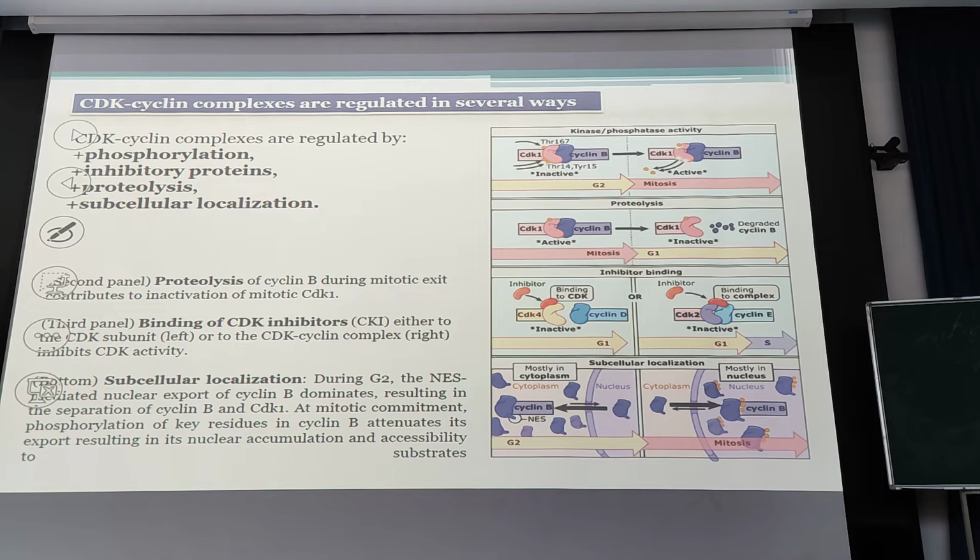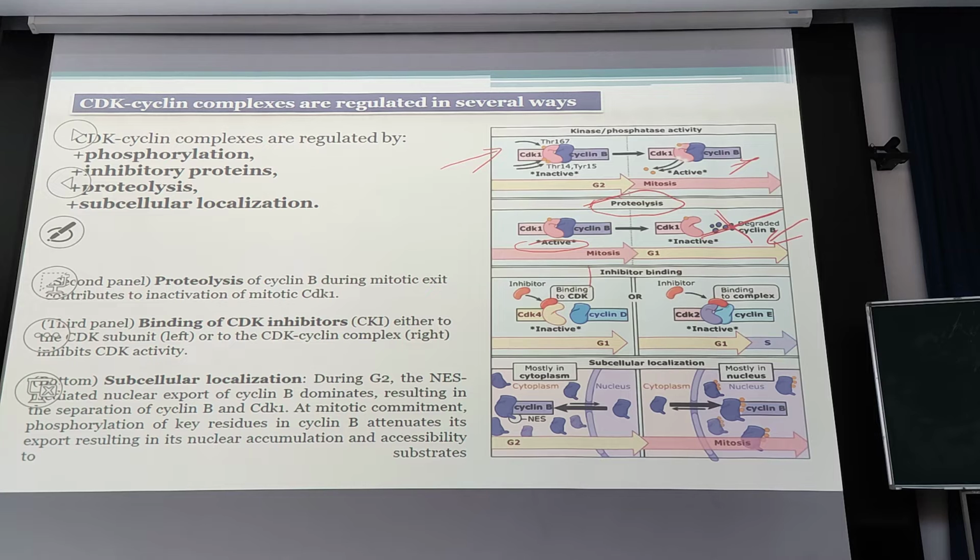The CDK-cyclin complexes can be regulated in several ways. First is phosphorylation, that is, adding a phosphate group, here from the inactive to the active form. Second is proteolysis. You can see that when CDK1 plus cyclin B is present, mitosis happens. But when an enzyme degrades cyclin B, there is no more mitosis.